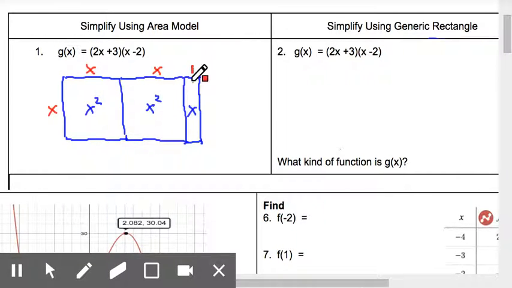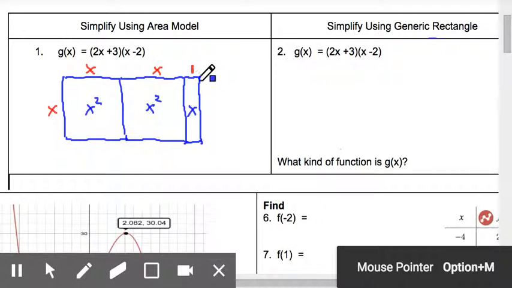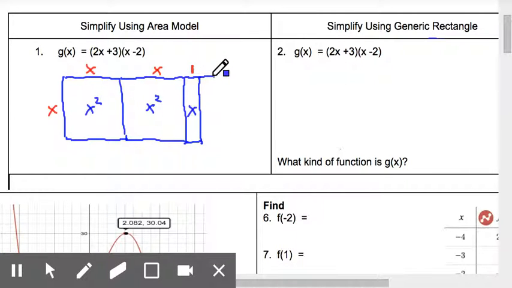The length is 1 and the width is x. Okay, so now the rectangle's length is 2x plus 1. Now remember, we need 2x plus 3. So we will have to attach two more x tiles.